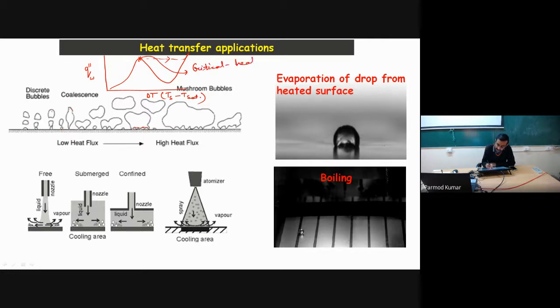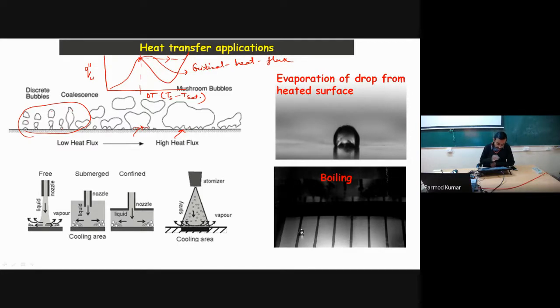This is the point up to which we have this bubbly phenomenon, and if we increase our superheat or heat flux beyond this boundary, we will have a transition into the film boiling regime, which we don't want, because here the rate of heat transfer decreases.